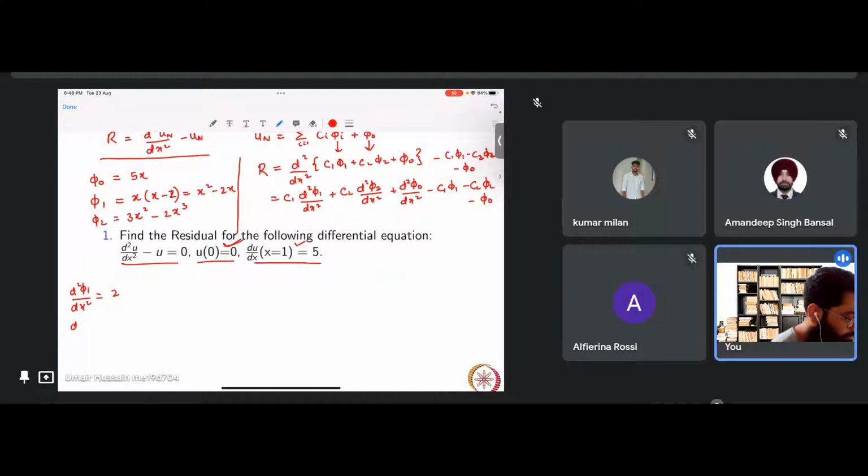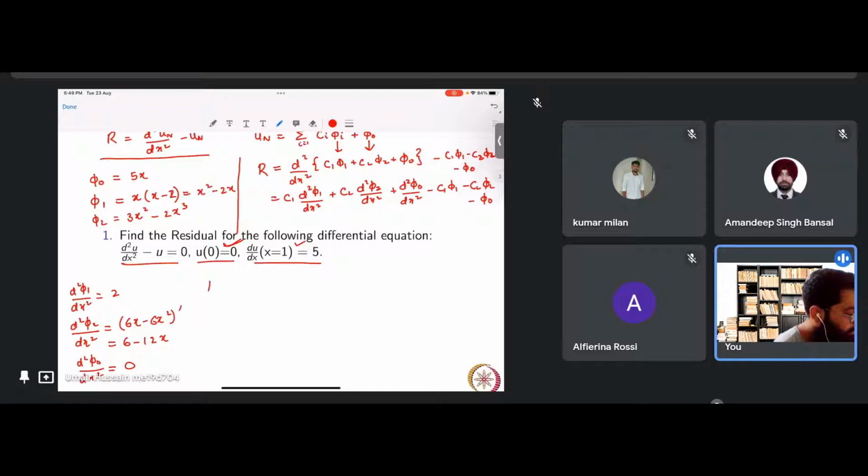And for phi2, the first derivative is 6x minus 6x squared, and taking the derivative of this, we'll get 6 minus 12x, isn't it? And for phi naught, the first derivative is 5 and the second derivative is 0.